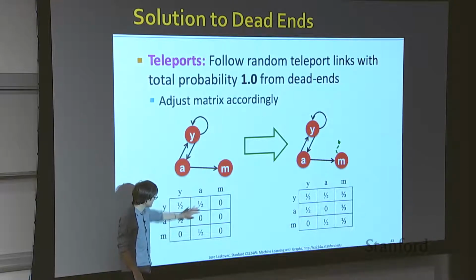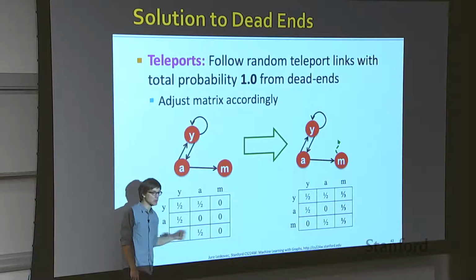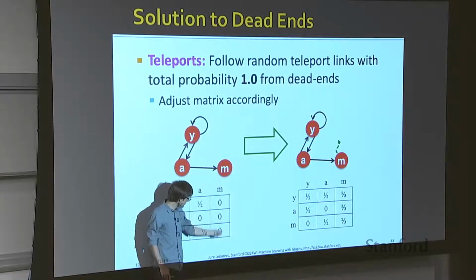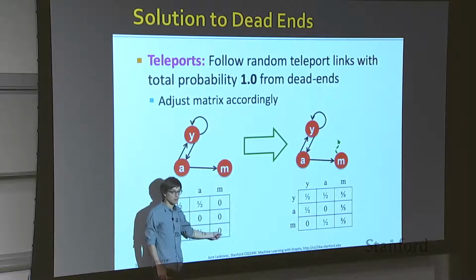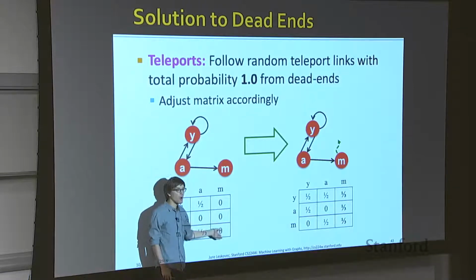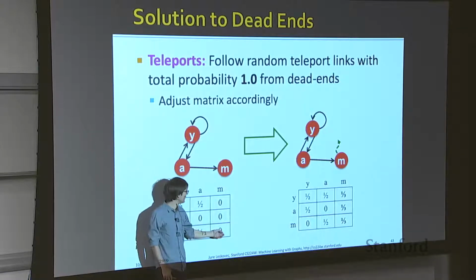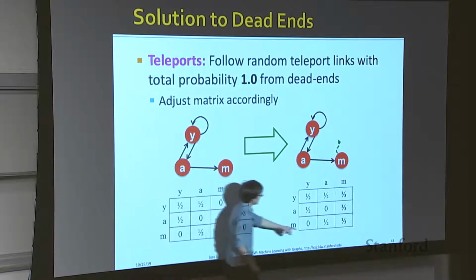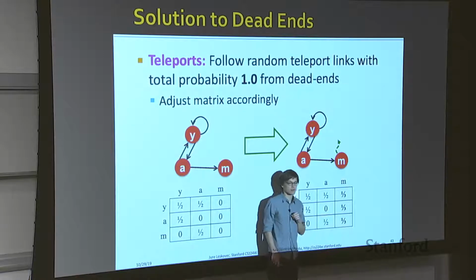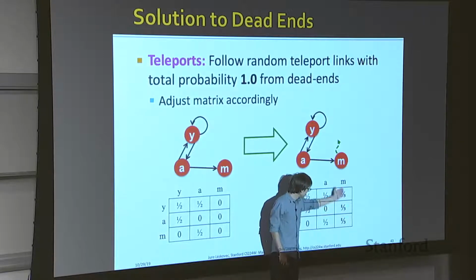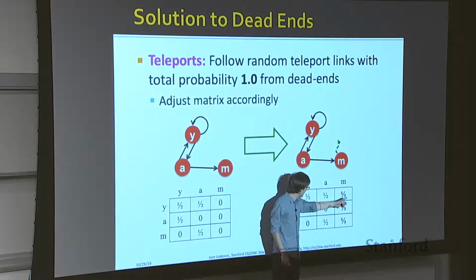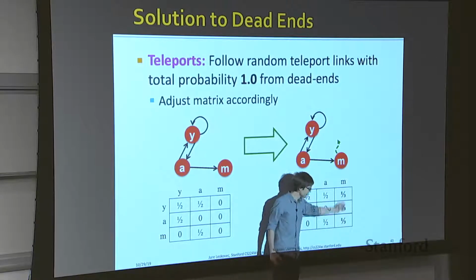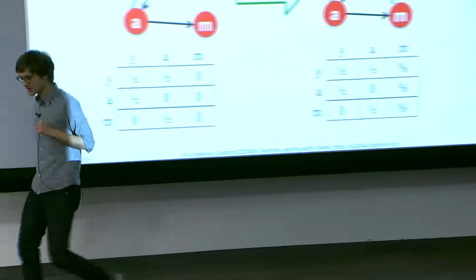We said it's an adjacency matrix where columns sum to 1, but notice that M has no out degree. So this column does not sum to 1. And that was the violation why power iteration did not work in the dead end problem. So we will now here add 1/3, 1/3, 1/3. So if you come to M, you just jump. Where do you jump? To any of the 3 nodes, each one with equal probability, right? So that's what we did in this case.